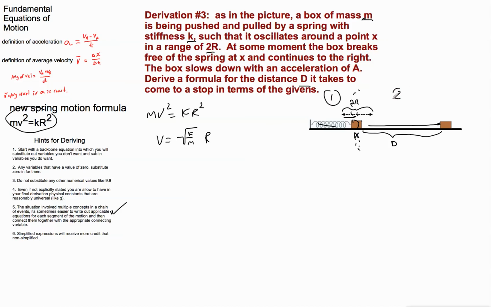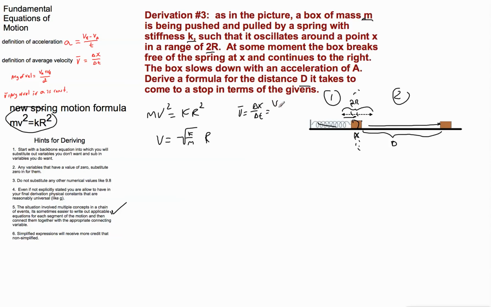And then there's this other segment where it's sliding to a stop. And there we're trying to figure out the distance it goes. So again, I'm going to come up here and I'm going to use the only formula of my fundamental formulas I have now that has distance in it, which is the average velocity formula. So I'm going to rewrite it like this. Average velocity equals delta x over delta t.